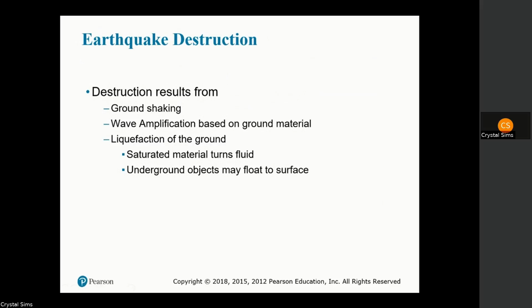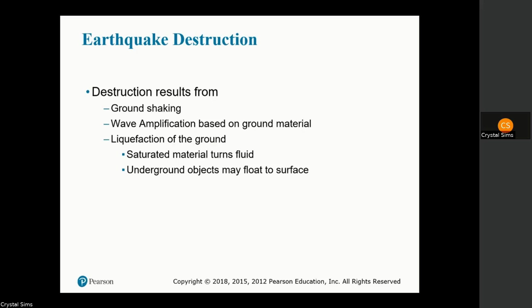Liquefaction is when you have a situation where some type of saturated material becomes fluid, almost liquid, and things that are underground may float up to the surface. So basically what happens is as the earth is shaking due to the earthquake, it can cause stream deposits or sandy areas to be transformed into liquid.